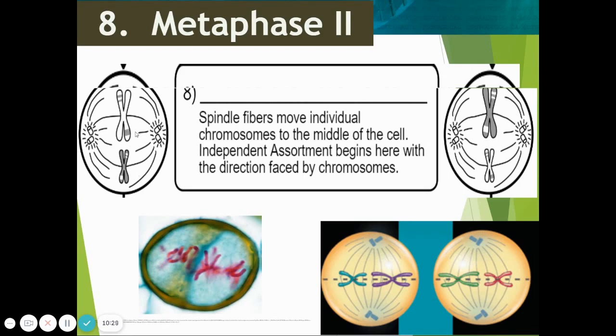What if they flip over? That's going to matter because pretty soon we're going to go through telophase II, and each of these chromatids will go into an individual cell. So their positioning and how they're facing, which pole they're facing, is going to determine which egg or sperm cell they go in. So that just helps to increase that genetic diversity. So this matters.